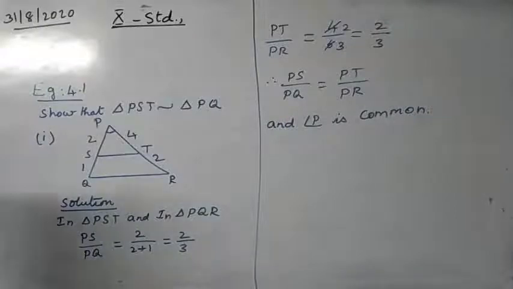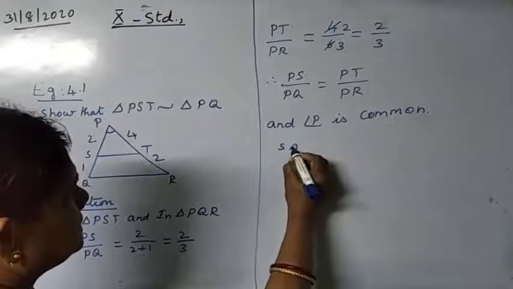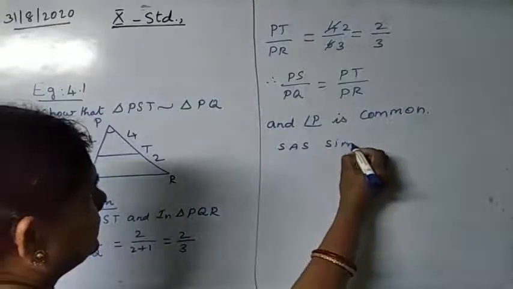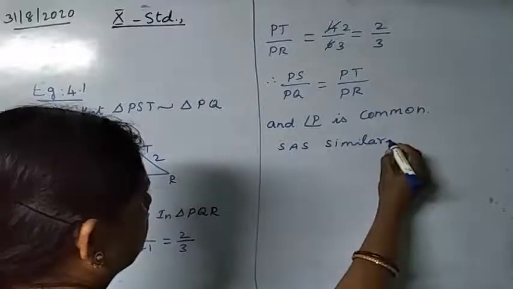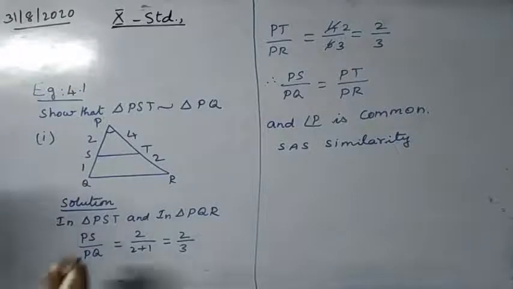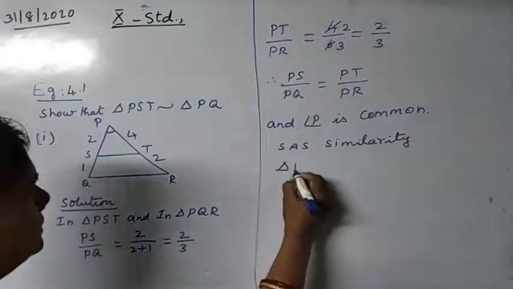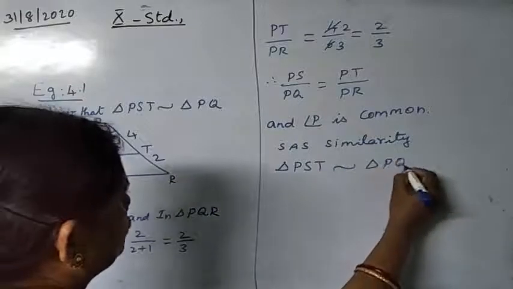One of these three must apply. Here we have got two sides and one angle, so we have got SAS similarity. So it comes under SAS similarity. Therefore I can say that triangle PST is similar to triangle PQR.